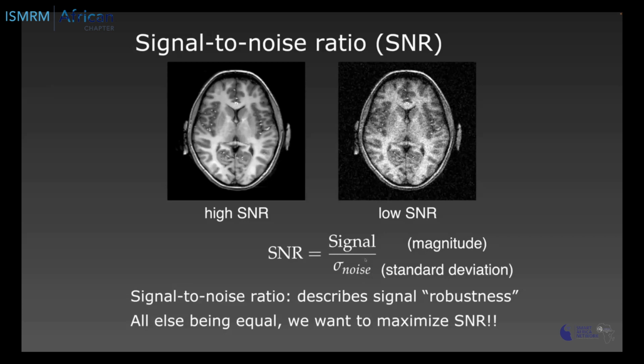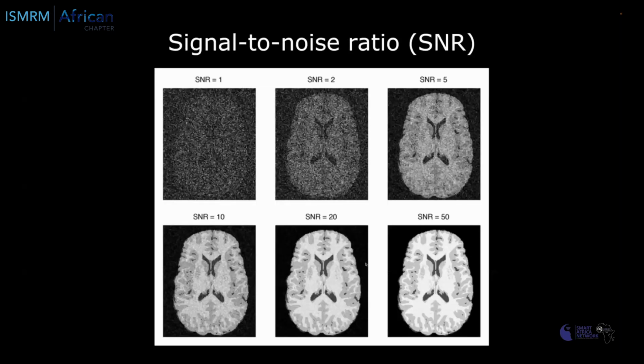The signal-to-noise ratio essentially describes the signal robustness. How much stronger is the signal than the noise, right? And all else being equal, we typically want the SNR to be maximized. Here's just an example of what some SNR values look like. If SNR equals 1, that means the signal is about the same order of magnitude as the noise, and that ends up in an image like you see on the top left, in which you basically cannot see the brain at all.